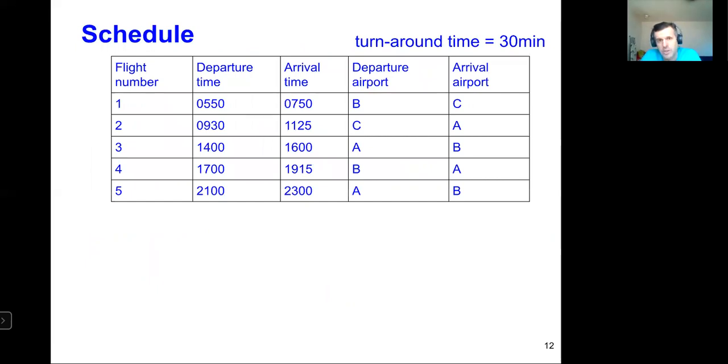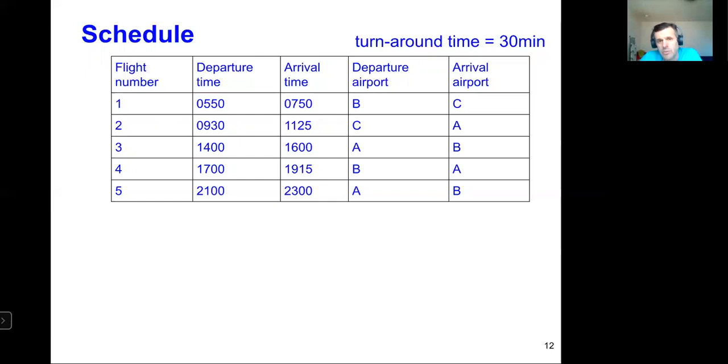So first, let's look a bit closer into what we understand by schedule. We are given the schedule in the input. So we know for every flight number, for every flight that we have to take, we know its departure time, we know its arrival time at the destination airport, and of course we know the origin and the destination airports.